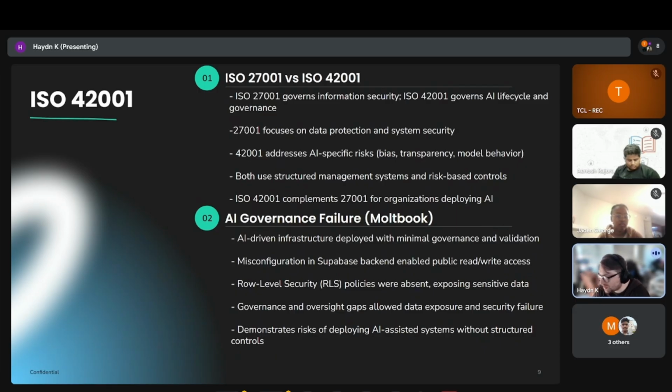ISO 42001 also includes additional annexes instead of just Annex A. There's also Annex B, which is implementation guidance, Annex C, which is potential AI risk sources, and Annex D, sector-specific guidance, which provides deeper contextual support for AI risk management.